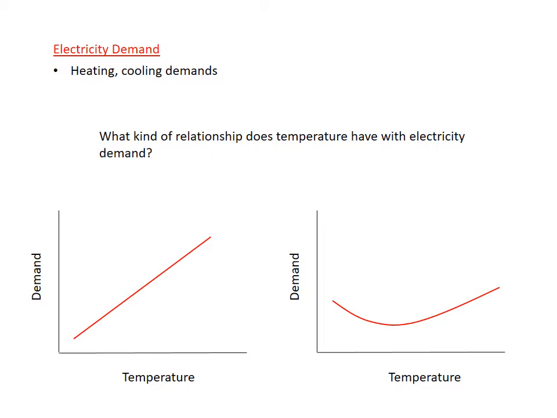In general, really low temperatures and really high temperatures result in higher electricity demand. But there's this sweet spot in the middle, at 65 or 75 degrees, where nobody's using heating and nobody's using cooling, and electricity demand is at its lowest point.